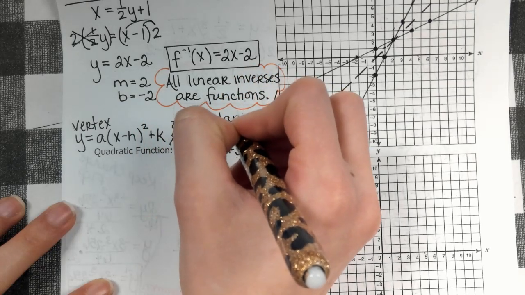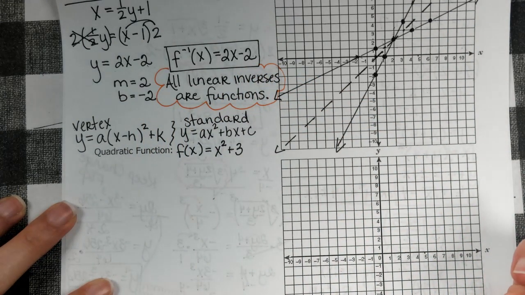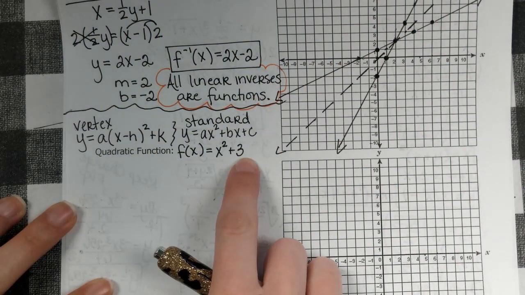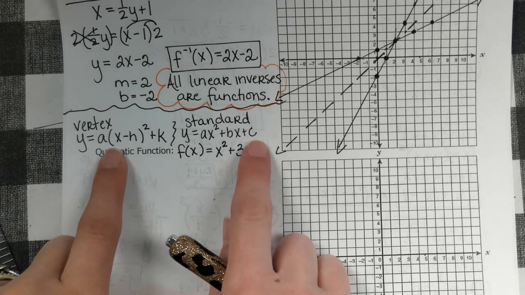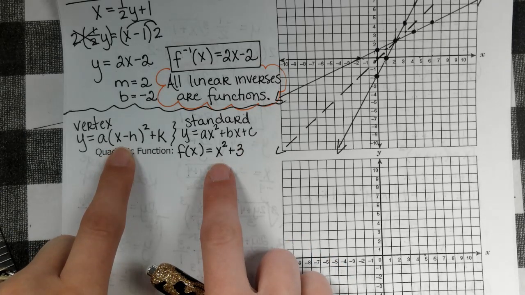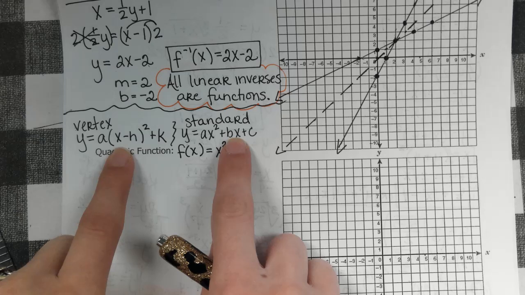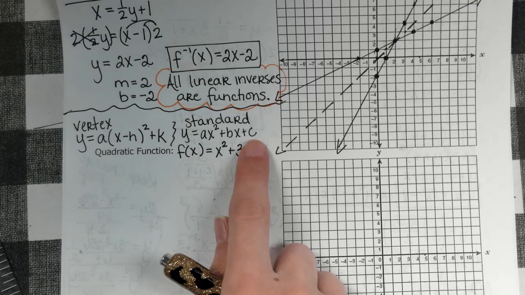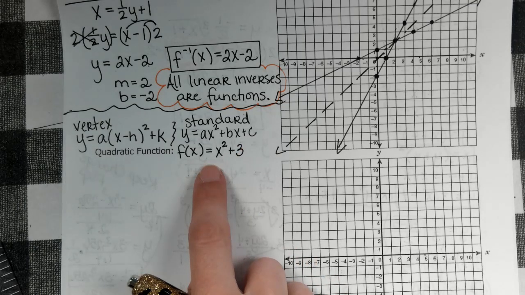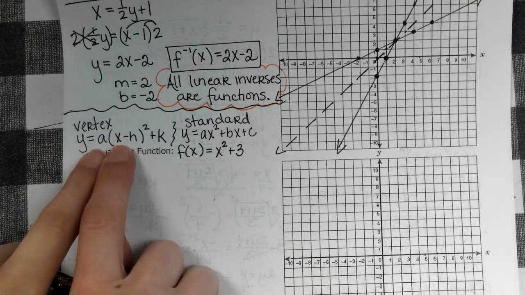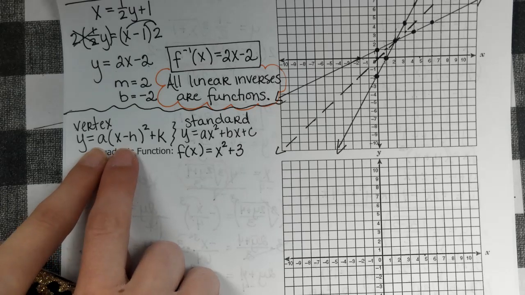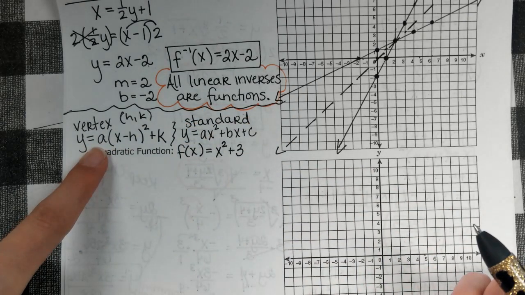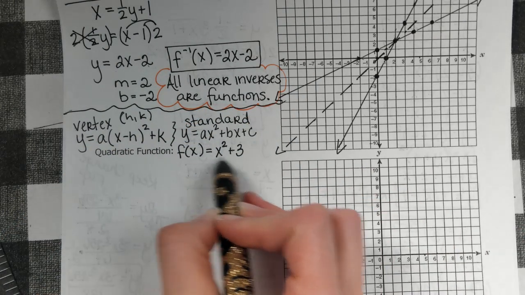When all you have is an x squared and a constant, you can do either one. I will always lean to vertex unless I have that bx term. If I have x squared and an x, that's my standard. If I only have x squared and a constant, I'm going to go to vertex form. Remember your vertex is (h, k). Y'all remember that?